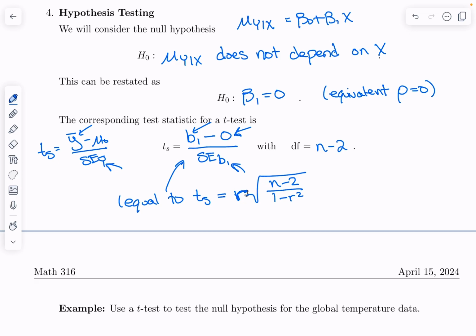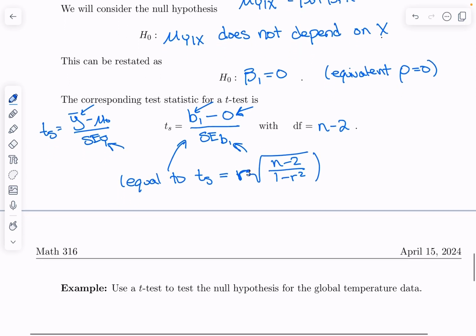So if you rearrange the terms and the definitions of B1 and the standard error of B1, you can get it to come out to this t-statistic that depends instead on the correlation coefficient r. And so that's why this test statistic before had such a screwy formula, because it's really just a rearrangement of something that we understand when we're testing whether the slope is 0.